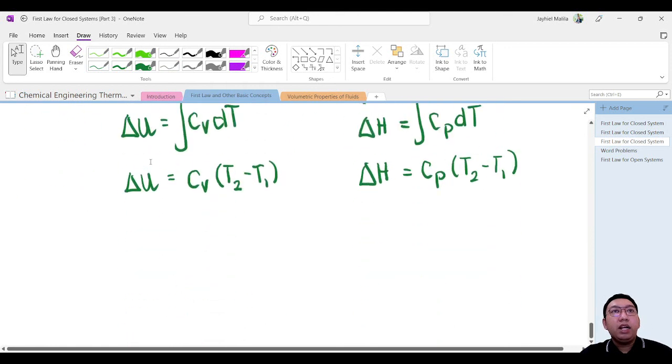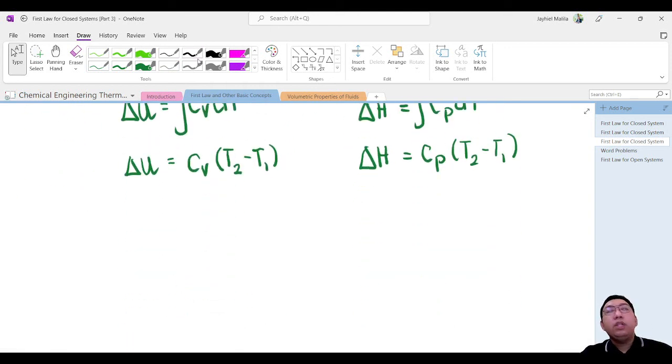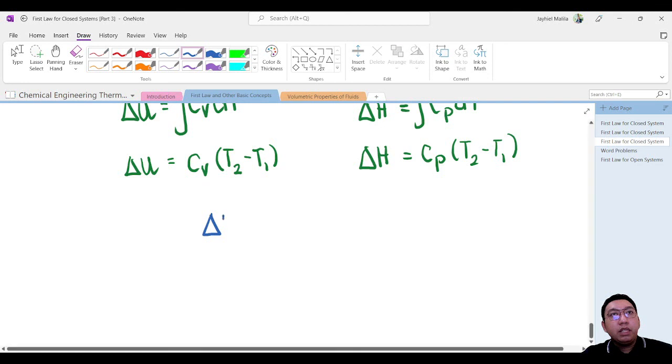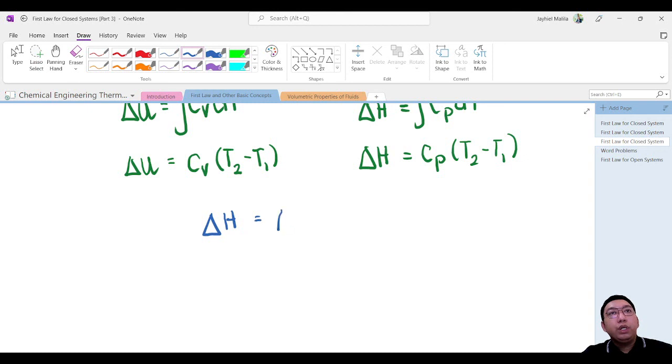This is where the relationship between the internal energy and enthalpy will come in. Remember that the relationship between delta U and delta H is represented mathematically by this equation. Delta H is equal to delta U plus delta PV.